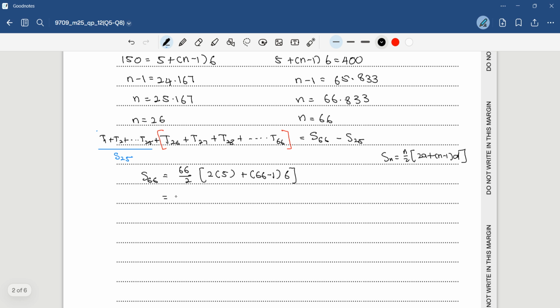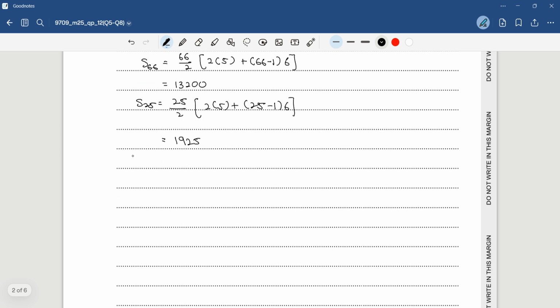So it's going to be 13200, and S25 will be 25 over 2 times 2 times 5 plus 24 times 6, which is going to be 1925. So S66 minus S25 is going to be 13200 minus 1925, which is 11275.